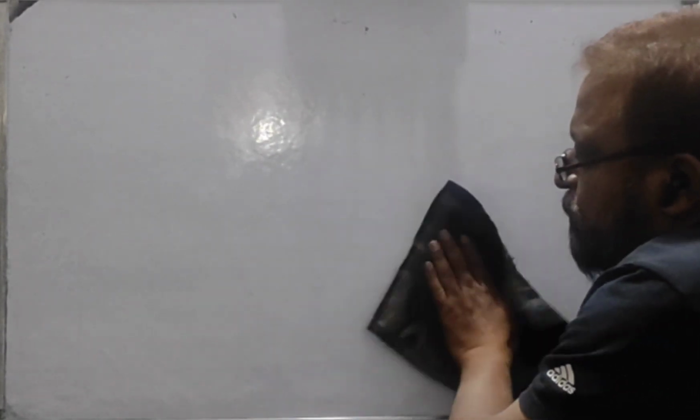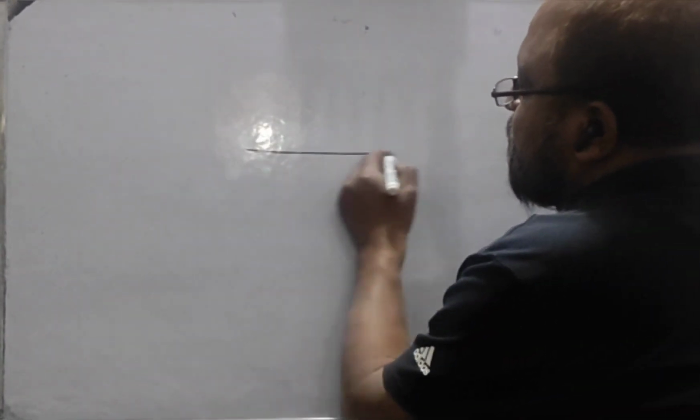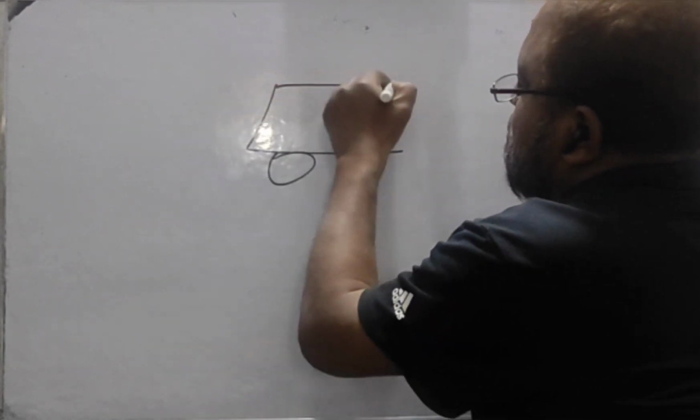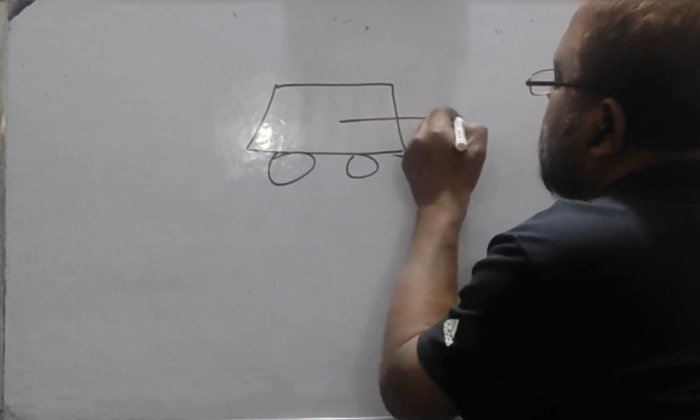Dynamic equilibrium. Like this car. This is the car, and it is moving.